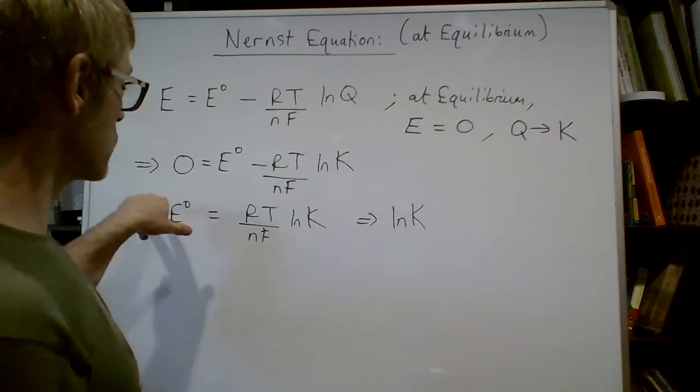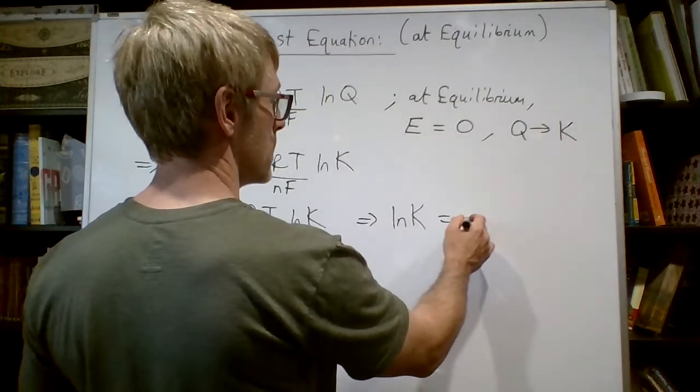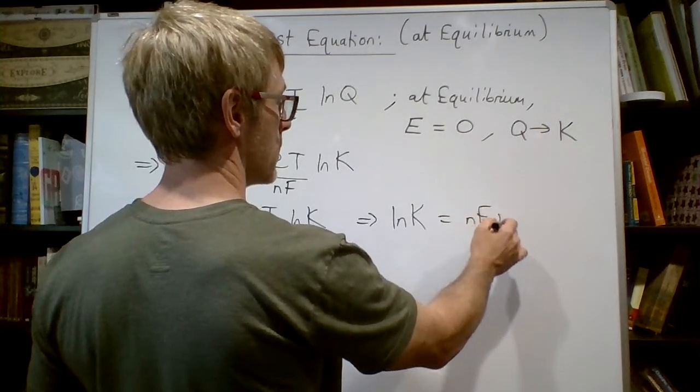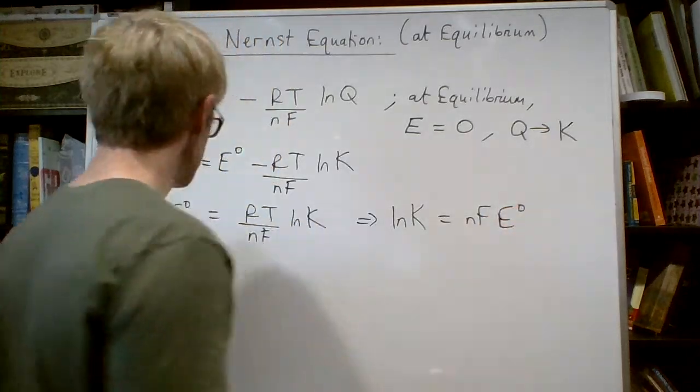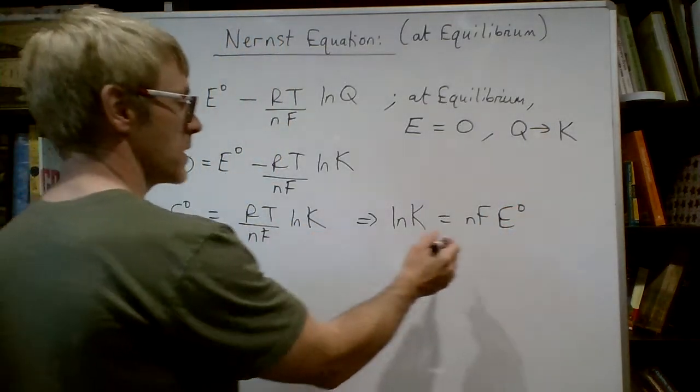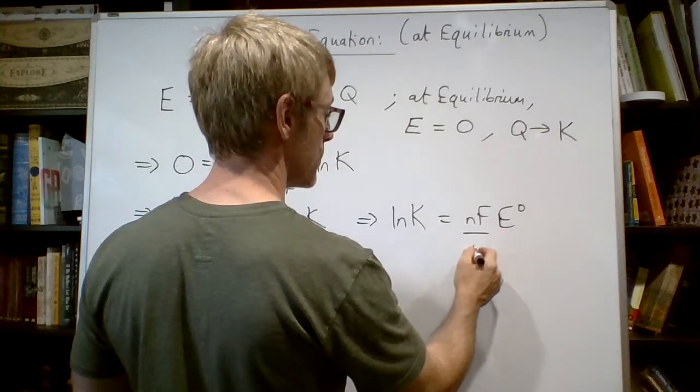So the NF would go up here. So it would be NF E standard voltage, and then the RT would come down here.